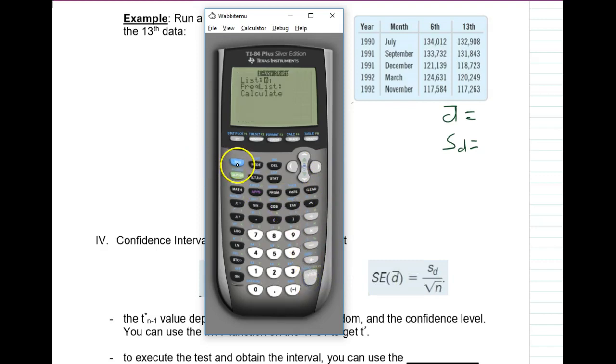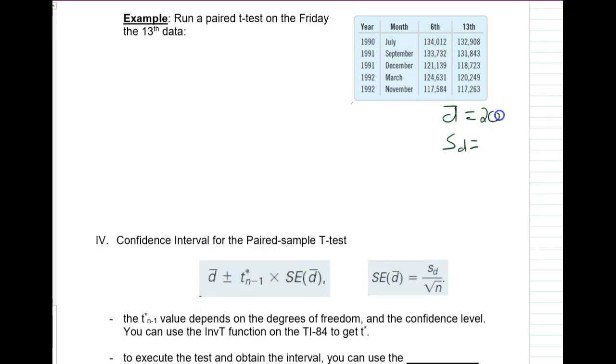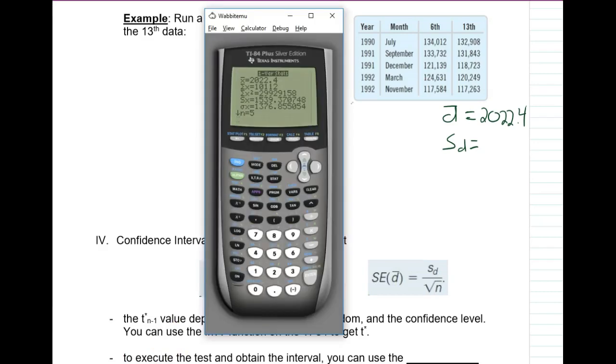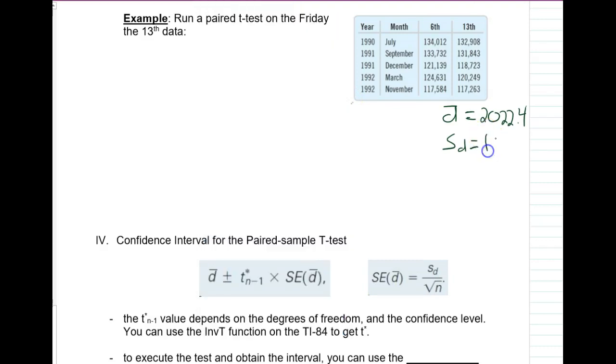I'm going to change my list to L3. Frequency list should be blank, and then we come down to calculate. There it is. What we need is this 2022. That is the average difference between the pairs. And we need the standard deviation, which is 1,539.4.